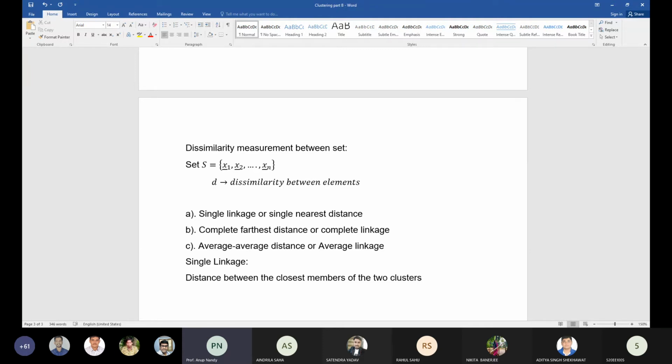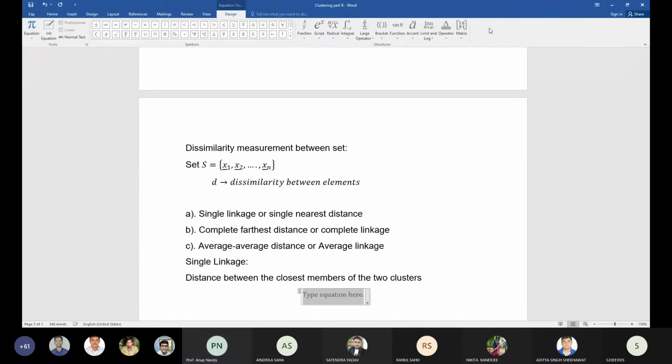Now mathematically you can write it in this way.